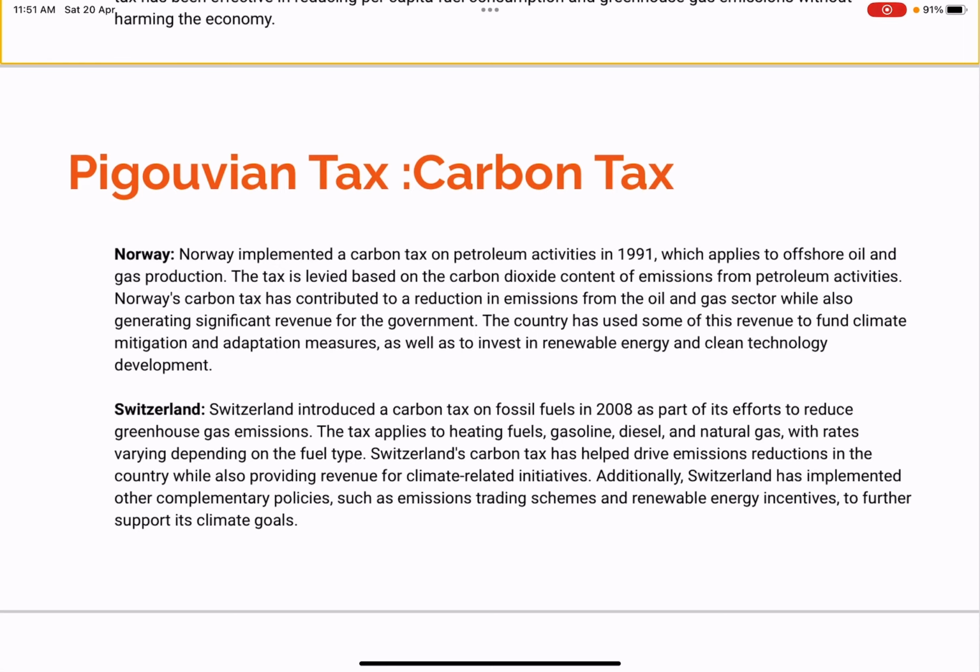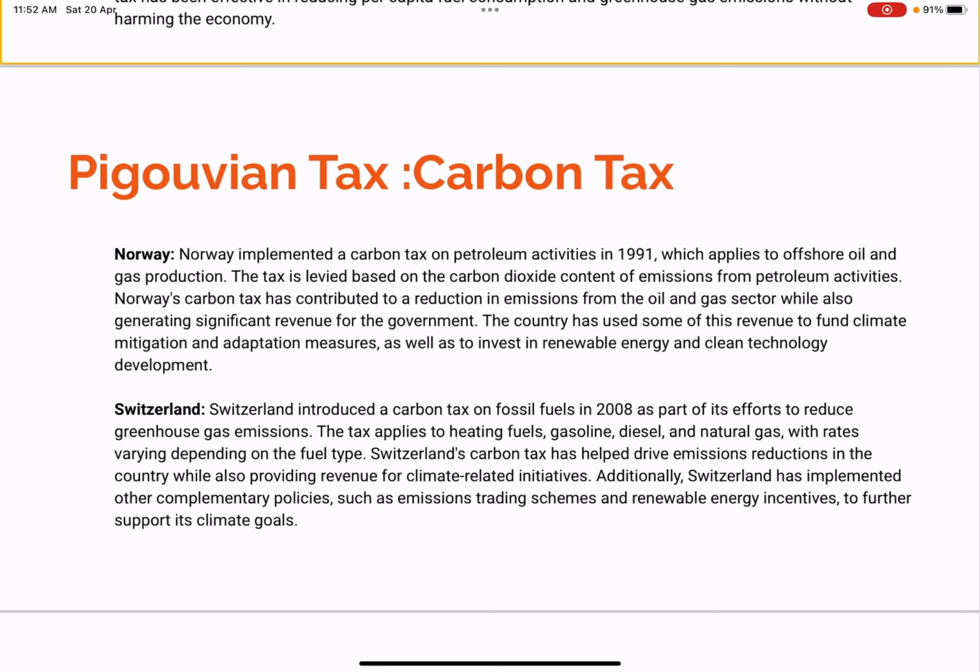The Pigouvian tax is a success because it has helped drive emission reductions in the country, and it has helped generate revenue for climate related initiatives. Additionally, Switzerland has implemented other complementary policies like emissions trading schemes and renewable energy incentives to support these climate goals. So emission trading we will be discussing later.